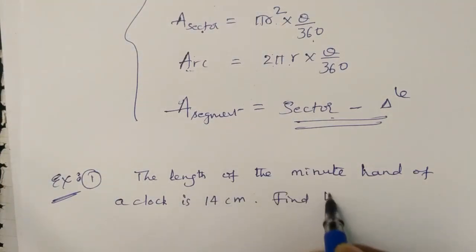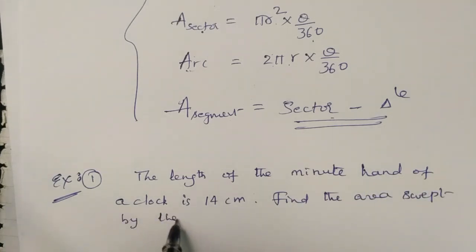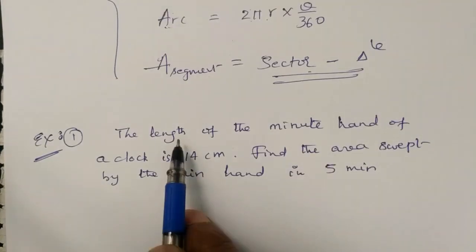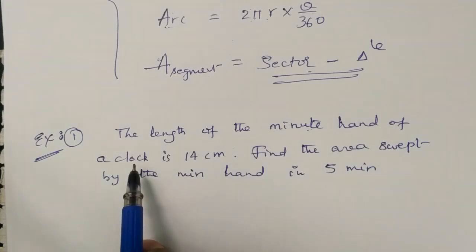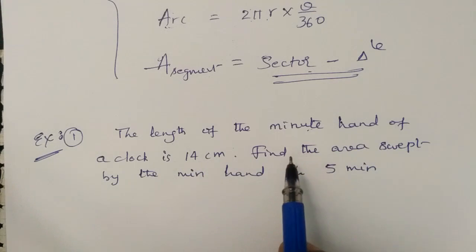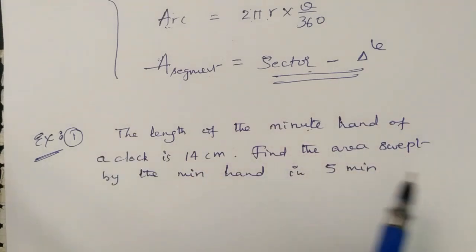Find the area swept by the minute hand in 5 minutes. With the question, the length of the minute hand in the given clock is 14 centimeter. Find the area swept by the minute hand in 5 minutes.